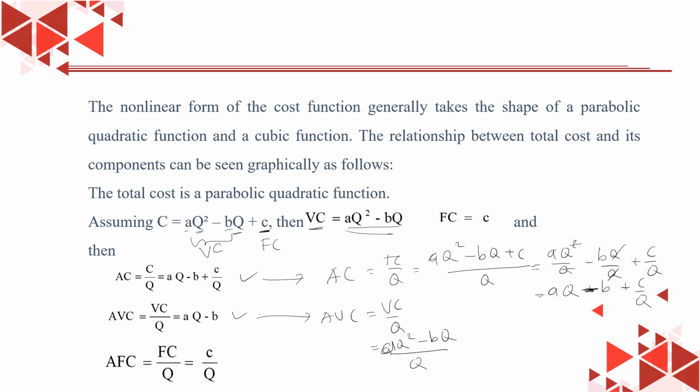You just separate the fraction, then you will have aq minus b. This is the average fixed cost. Average fixed cost is the fixed cost over q, and the fixed cost is a constant value, which we name c here. So the average fixed cost is c over q.